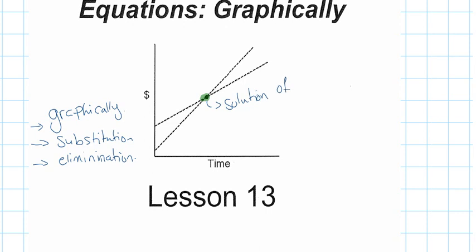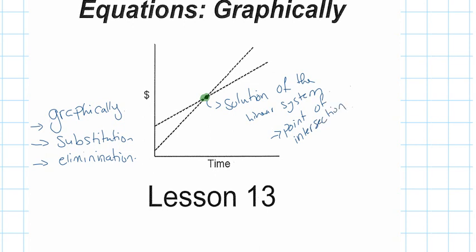Or in other words, it's called the point of intersection of the two lines.